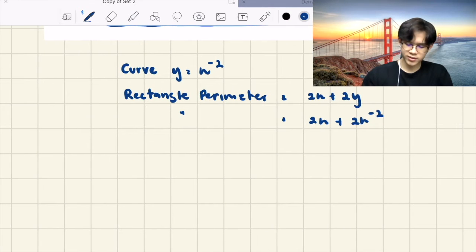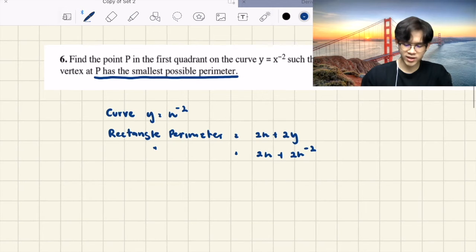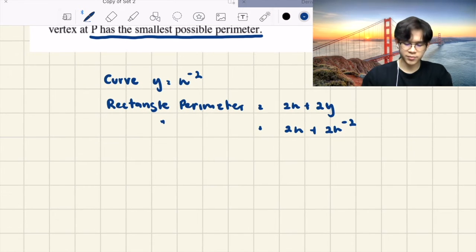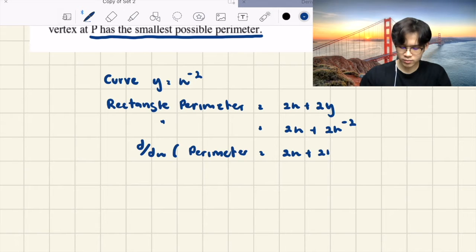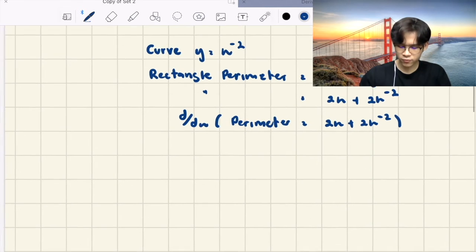And next what we need to do here is to differentiate the rectangle perimeter equation to find the smallest possible perimeter. So it's d of the perimeter with respect to x, where the perimeter equals 2x plus 2x to the power of -2.